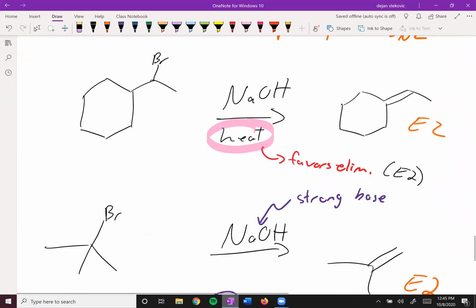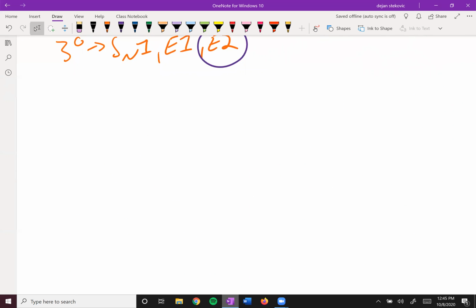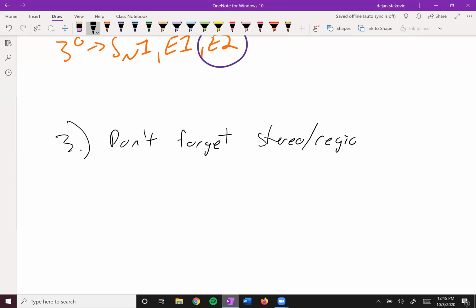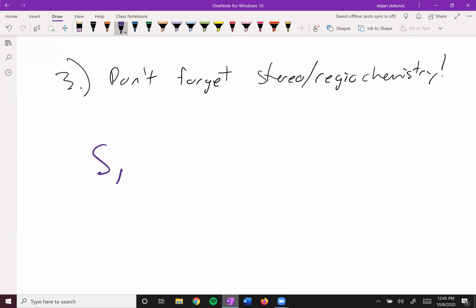And then, of course, as you're doing all of these problems, don't forget your stereochemistry and regiochemistry. Remember that SN2 pathways cause an inversion of the stereocenter.